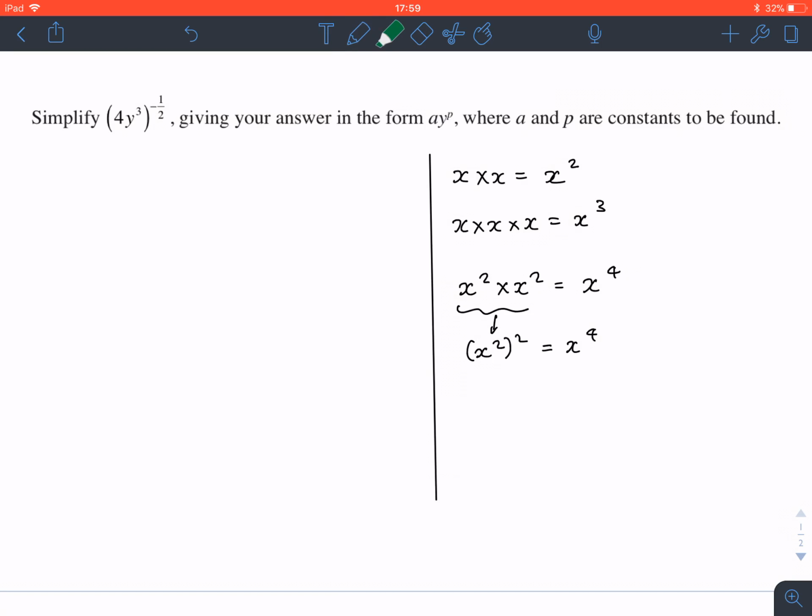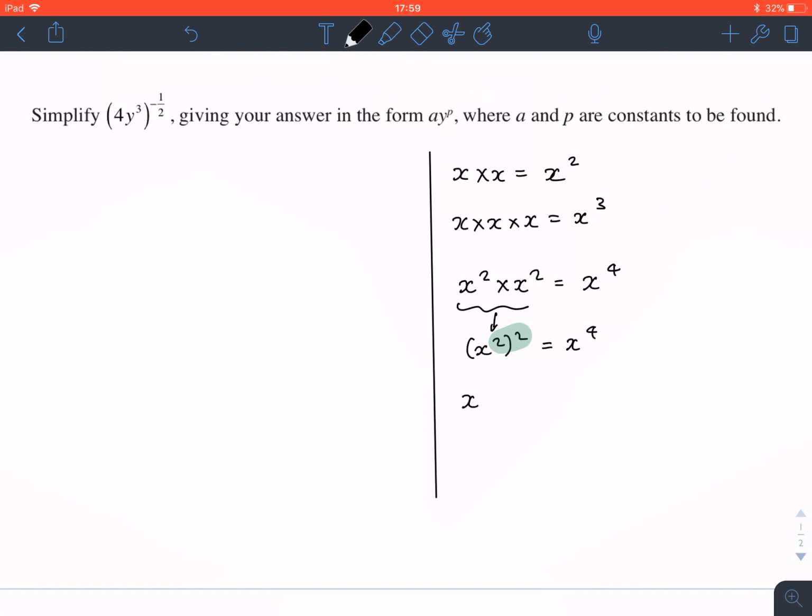So here we're starting to discover that when we have a power inside a bracket and all to the power of some number outside the bracket, we end up multiplying them together. For a quick exercise, we could say x to the 3 all squared.